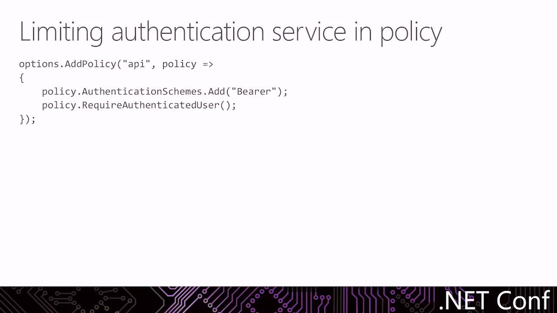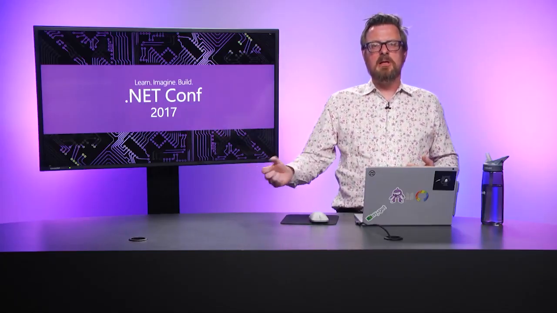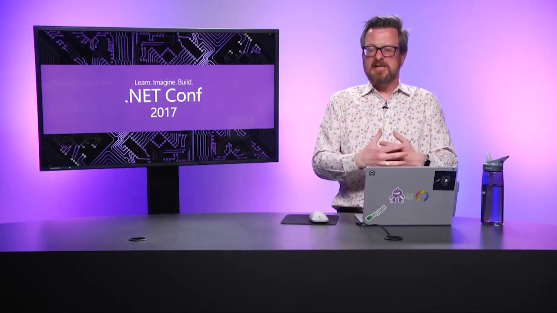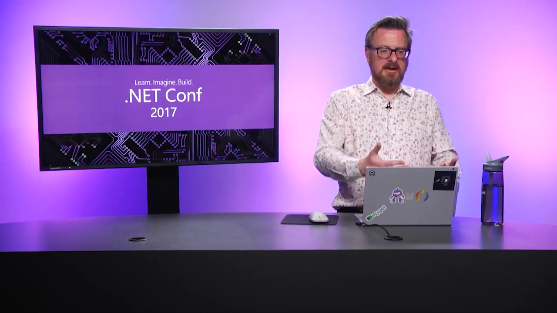You can put them in your policy right here. This is the sort of way that we expect you to do JWT authorization for cookie or for web APIs when you normally have cookie auth, rather than doing all sorts of weird, funky stuff based on the path.